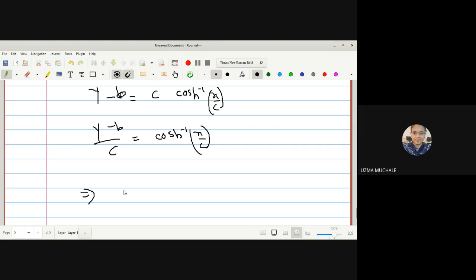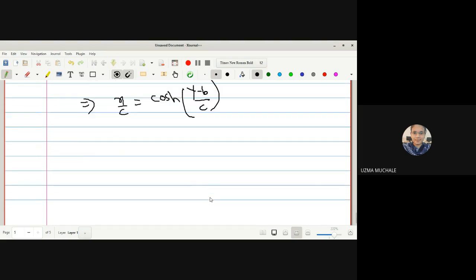So you can write x upon c is equal to hyperbolic cos of y minus b divided by c. So we get the resultant equation as x is equal to c hyperbolic cos of y minus b divided by c, which is the required equation of catenary.